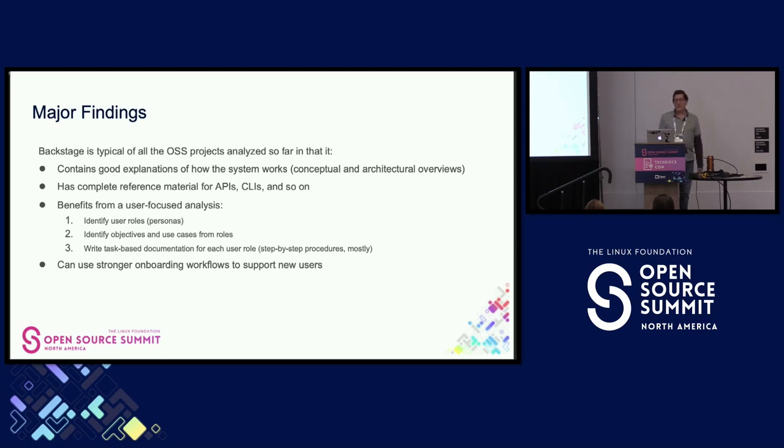So first of all, I want to say that I've been impressed with the open source conceptual information that I've read in most of these projects. They're written by developers. Developers do a very good job of saying how the system works, the architecture. They explain it very well, and that's great, and that's an important part of the documentation.